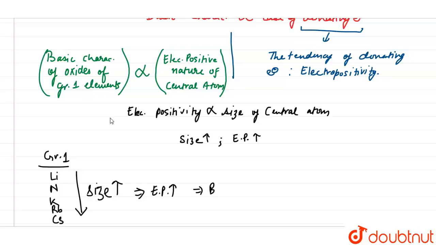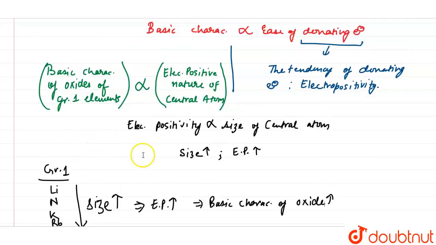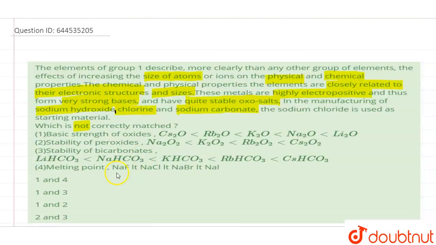This implies that basic character of oxide increases. Therefore, the most basic oxide would be Cs2O, and the least basic oxide is Li2O.